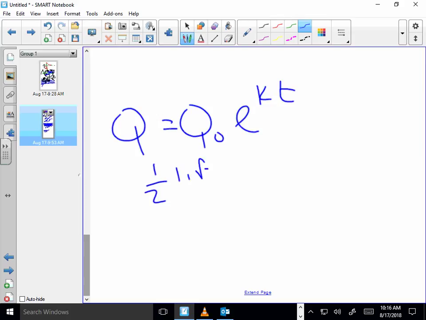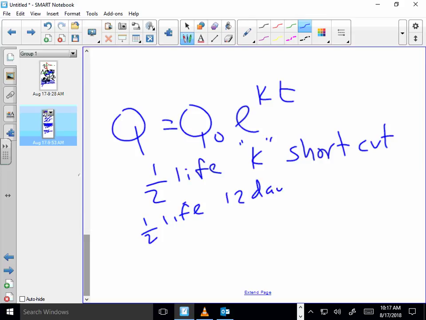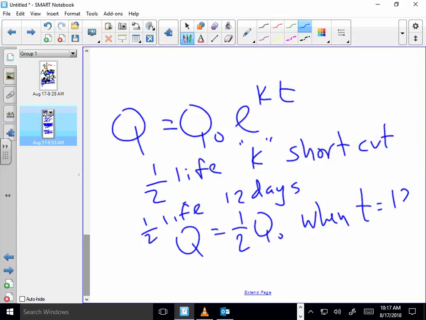Half-life K shortcut. If I tell you that the half-life is 12 days, that tells me that Q equals half of the original amount when T equals 12.